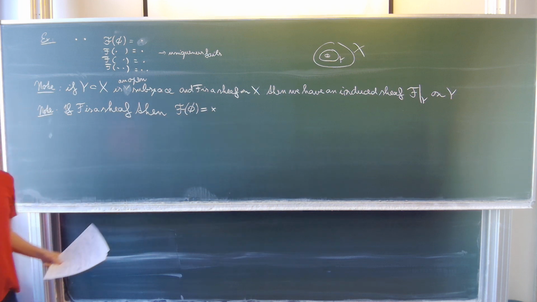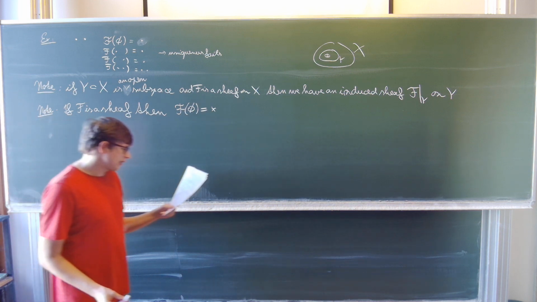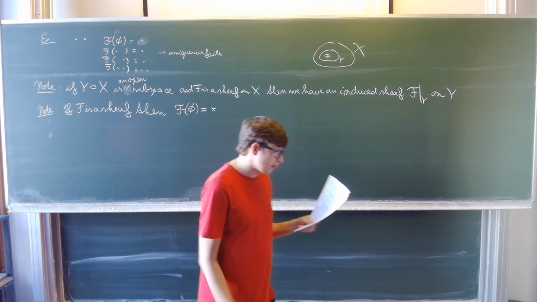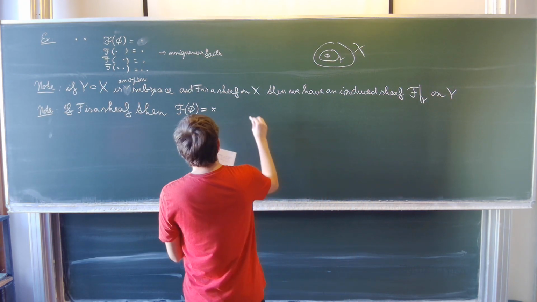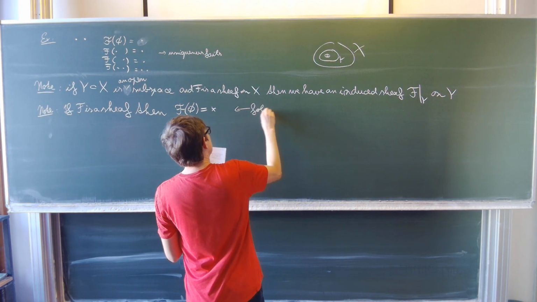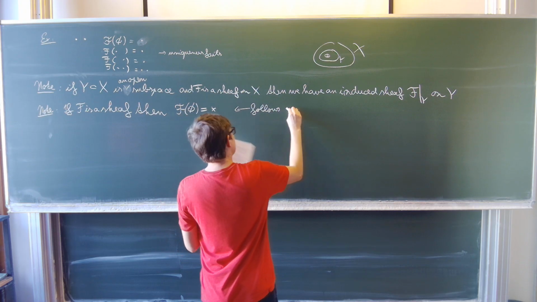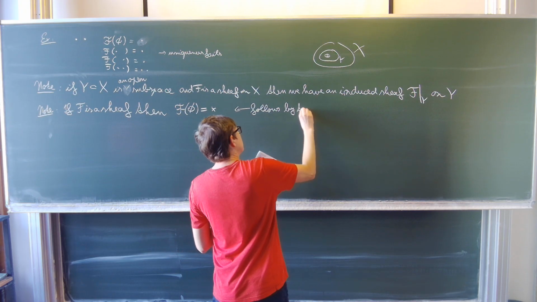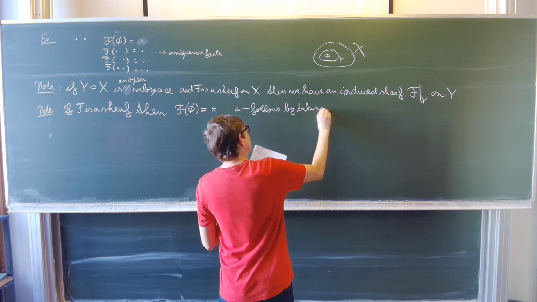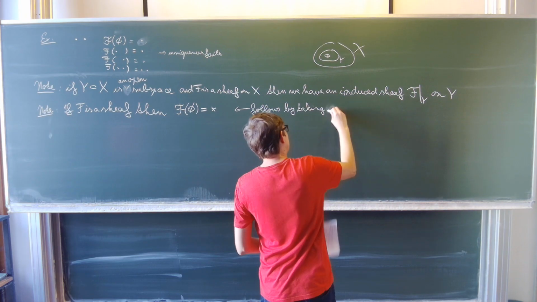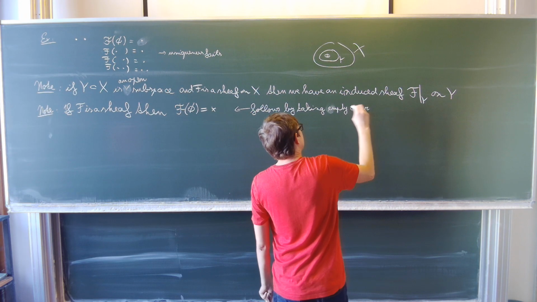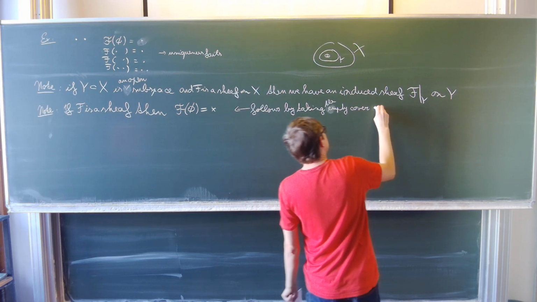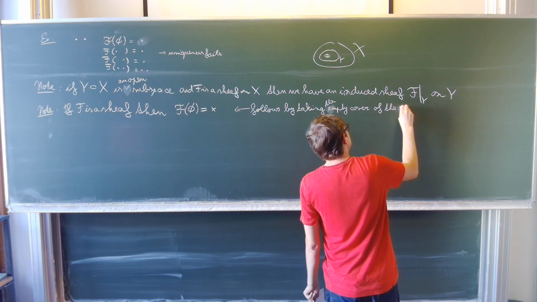So for sets, this would be a point. It's good to remember it, because to derive it is kind of tedious, but in principle it follows by taking empty covers of the empty set. The empty cover of the empty set.